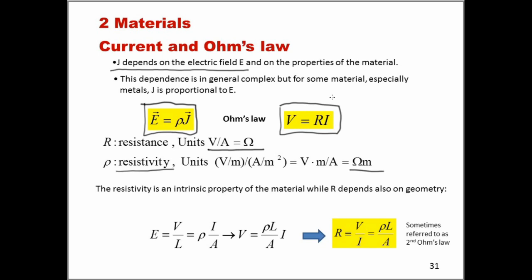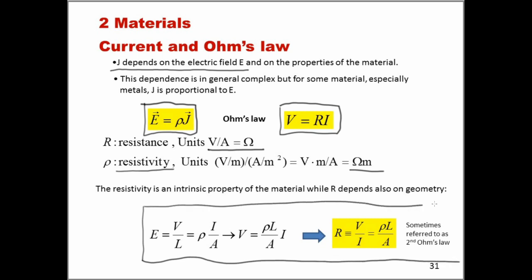This formula below shows exactly that, and it actually goes under the name of the second Ohm's law. We can demonstrate through very simple steps that R is related to rho, the resistivity, through this formula: R is equal to rho times L, the length of the piece of material, over A, its cross-section.